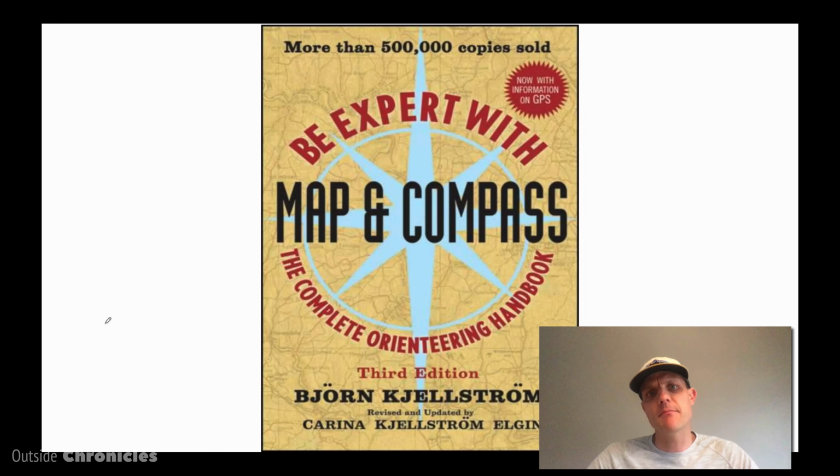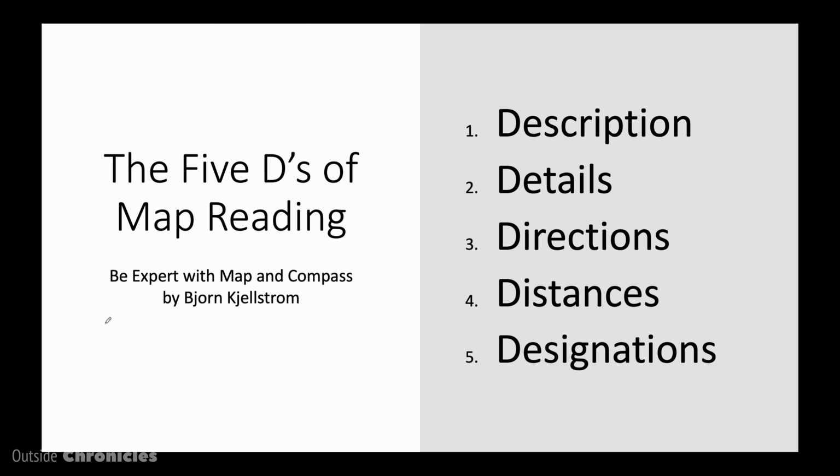In previous videos, I mentioned the book called Be Expert with Map and Compass, the Complete Orienteering Handbook by Bjørn Kjellstrøm. It's a great resource, and I really like the way he goes over the 5 Ds of map reading. In the first 2 videos, we went over descriptions, which is all the information in the map margins and what that means.